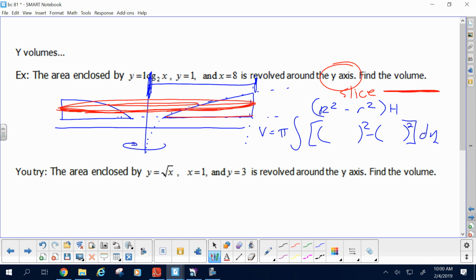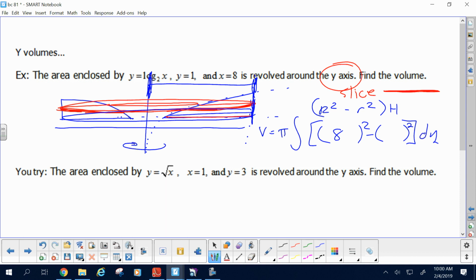In that case, it looks like big R is 8. Is big R always 8 at every slice, or is it varying? Constant, always 8. Big R is always 8 in this case.